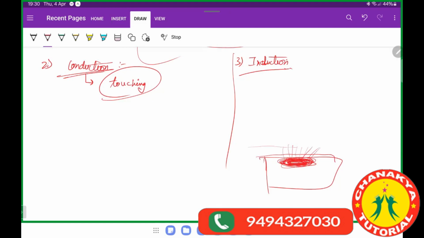Whatever cooker, whatever things we are keeping on this, the things are getting heated up. If you observe, this is only heating the thing inside, it's not heating the plate or vessel. So this is called induction.